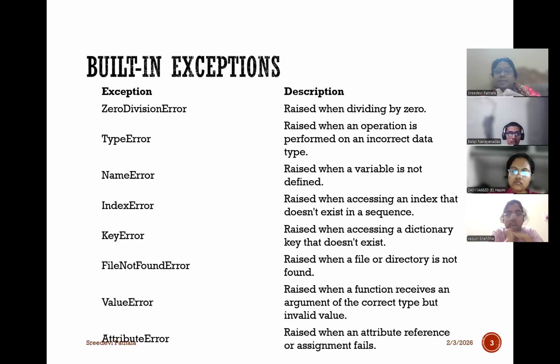Okay, index error. This index error relates to list and tuple, right? List and tuple are defined. How is a list defined? In square brackets, right? Tuple is used in normal braces. If you have defined your list as 1, 2, 3, but you are trying to print index of 4, do I have index of 4 in these three numbers?